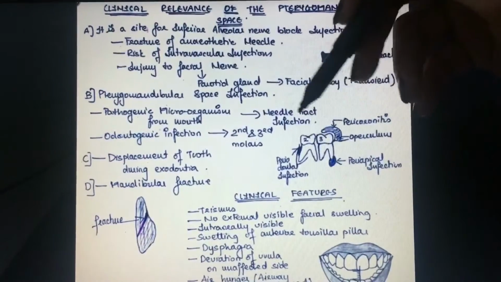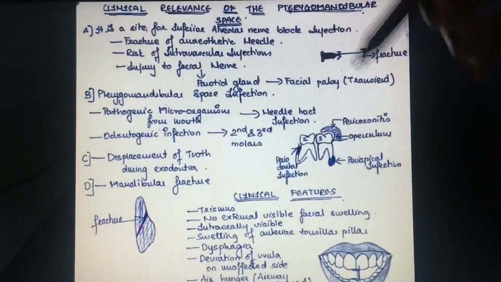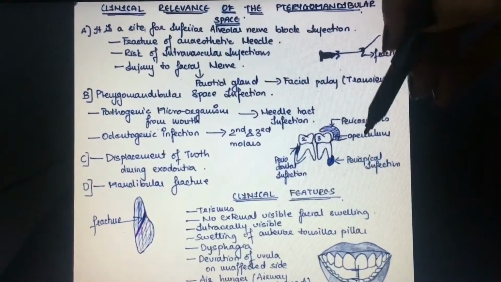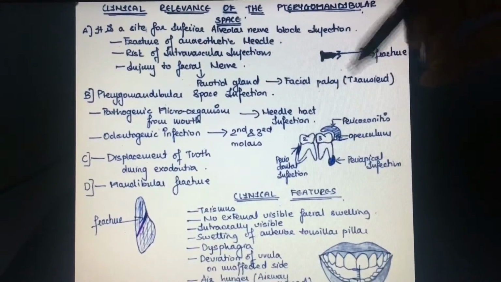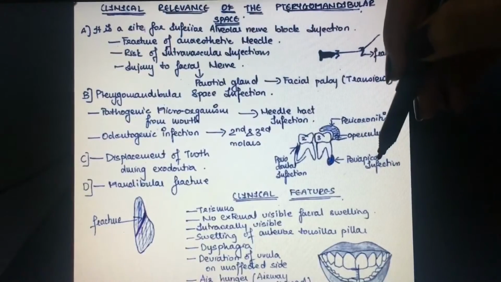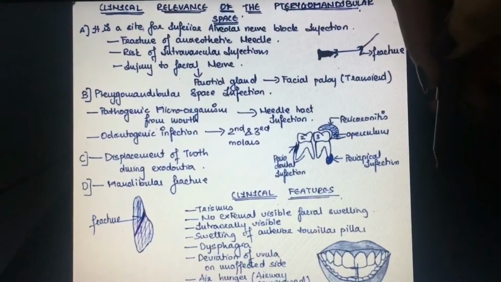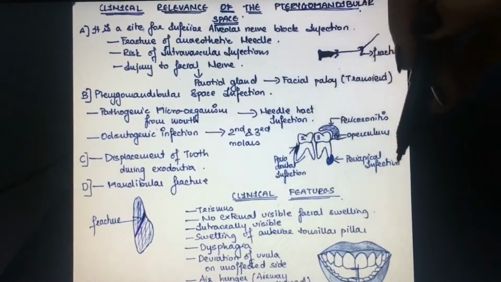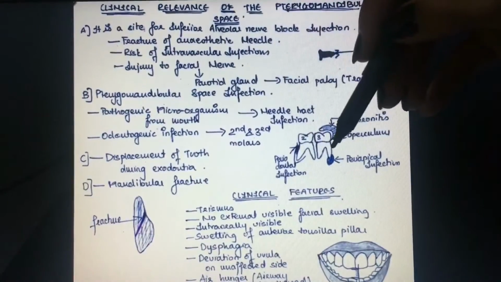Odontogenic infections can be of various types, such as pericoronitis, periapical infections or periodontal infections. There are various types.